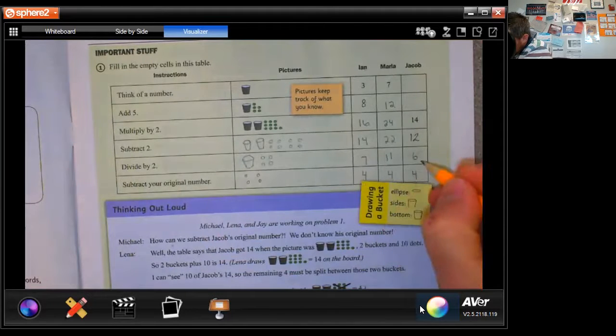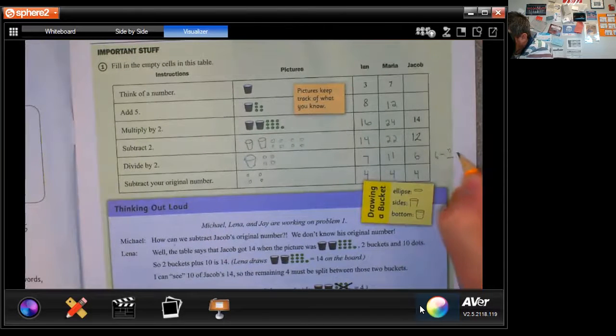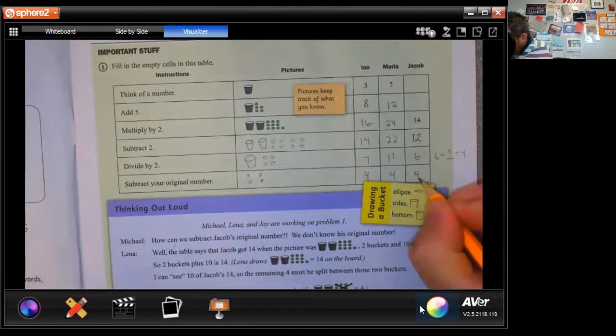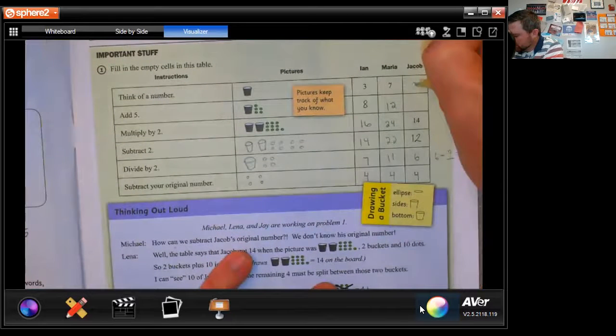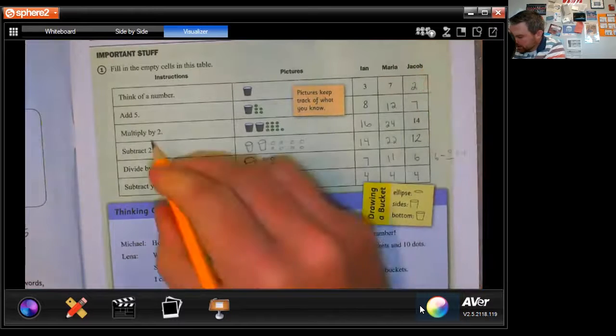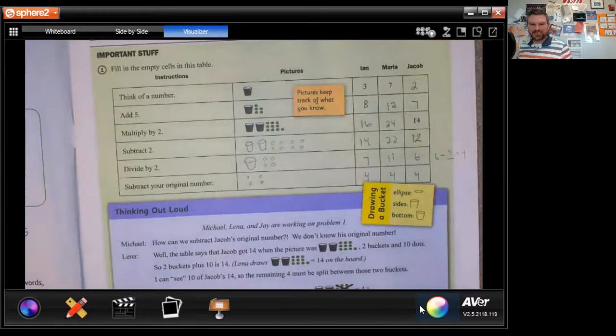So what does that make the original number? Well, what did you subtract? How do you go from 6 minus some number equals 4? That number would be 2, which represents your original number. So this up here becomes a 2. Then it says add 5. So 5, 6, 7. 7 multiplied by 2 is 14, and we've completed that sequence there.